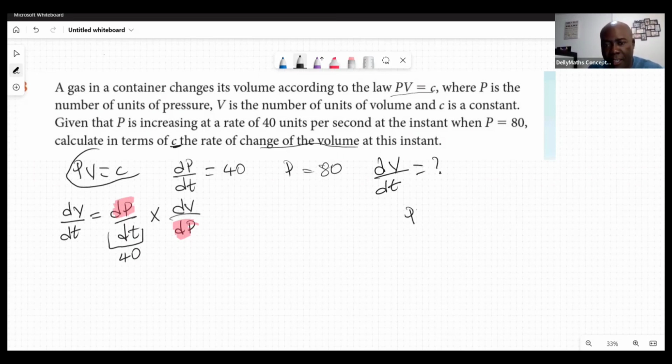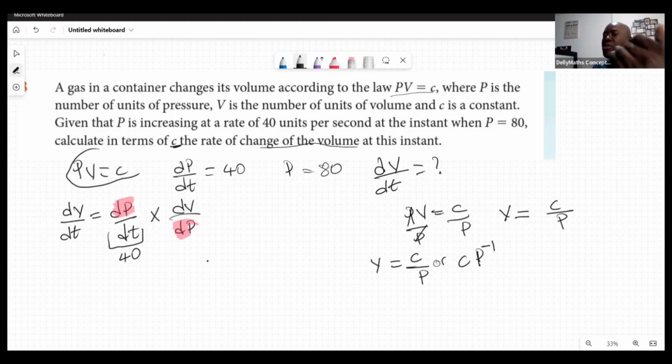So having PV equals C, if I transpose by dividing both sides by P, then we could say that V is actually C over P. Now, if I know that V is equal to C over P, then I could set this up to do my thing. This is the same thing as C, where P would be raised to the -1, because it is a part of the denominator. So it's the inverse of P right there.